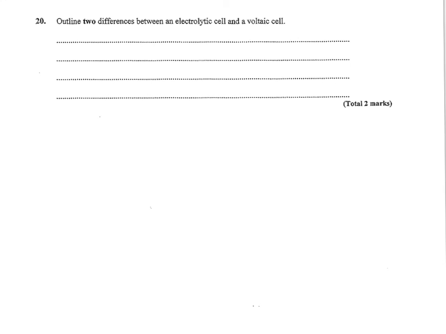Number 20, they want to know 2 differences between an electrolytic cell, so I'm just going to abbreviate that EC, and a voltaic cell. So one difference is an electrolytic cell uses electricity to drive redox, whereas with the voltaic cell, it uses redox to generate electricity.